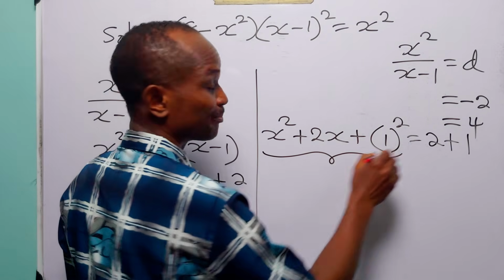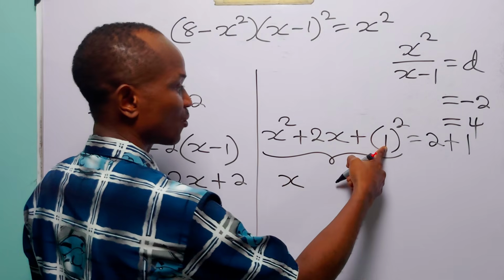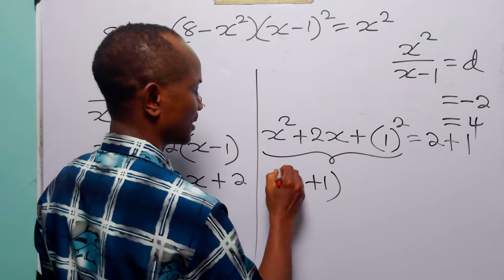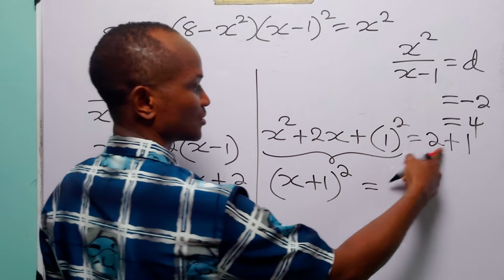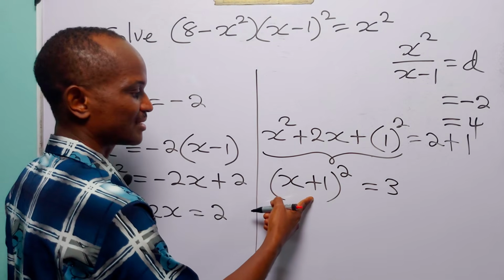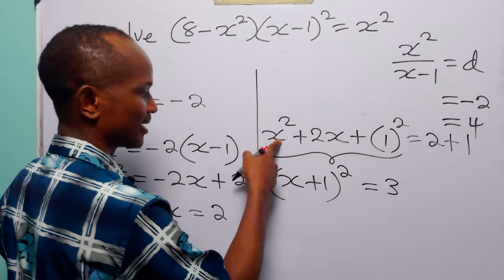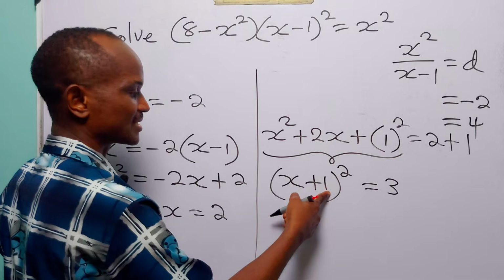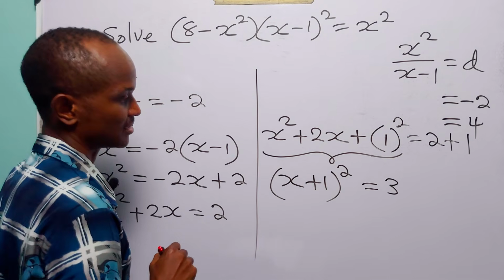Now this is a perfect square. So we take x and we take 1 plus 1 and we square. And this is equal to 2 plus 1, which is 3. Of course, you know that if we expand this, we are going to get exactly what we have here. We have x². We have 2 times x times 1. And we have 1², which is that.